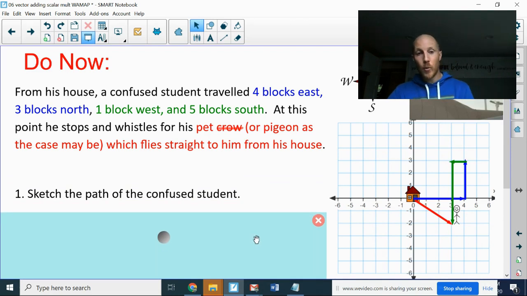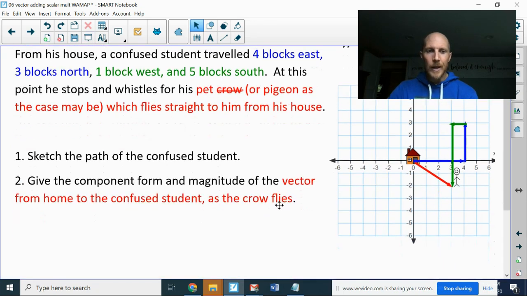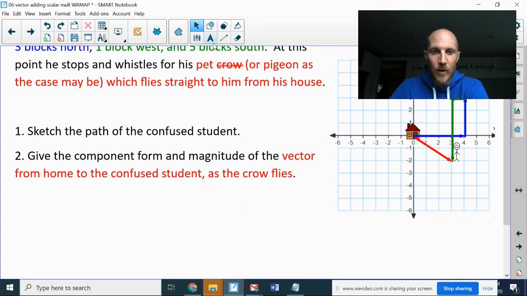Direction number one, already done: sketch the path of the confused student. I also drew in the pigeon. Then give the component form and the magnitude of the vector from home to the confused student as the crow flies. That is a good pun. Oh my gosh, it's too early in the morning for puns.